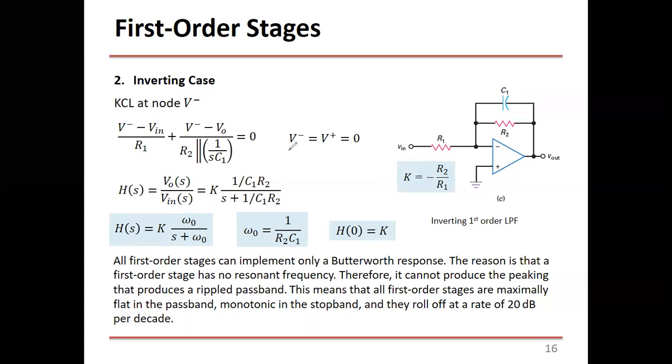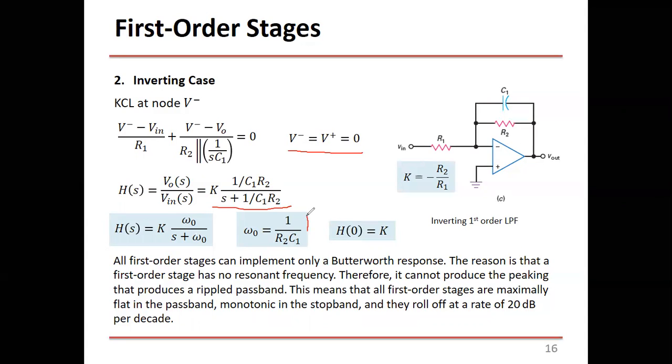Now we understand that according to the golden rule of the operational amplifier, V minus equals V plus equals 0. So you substitute this with 0, this with 0, and you solve for V out over Vn. This is what you get, and you just rearrange the parameters, and you get K times 1 over C1 R2 over S plus 1 over C1 R2.